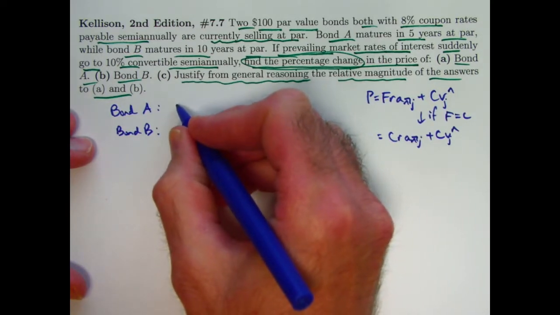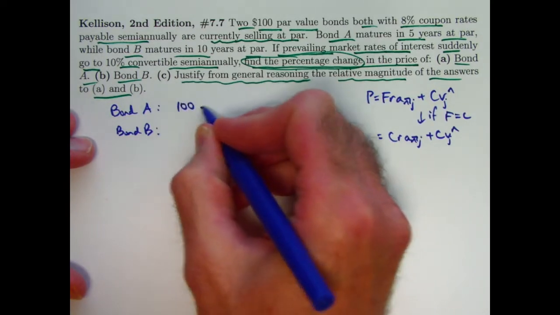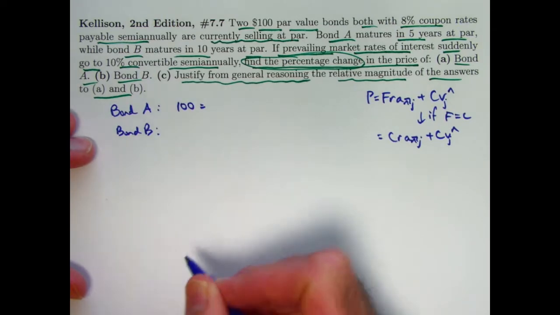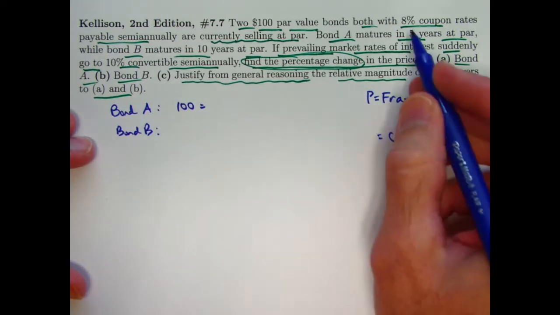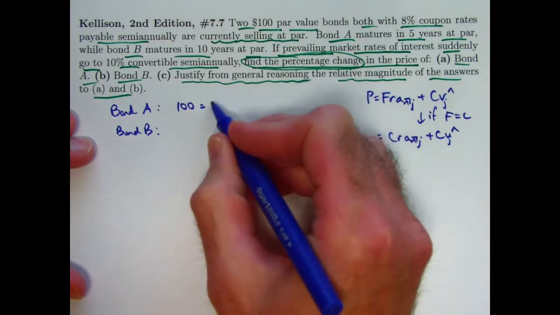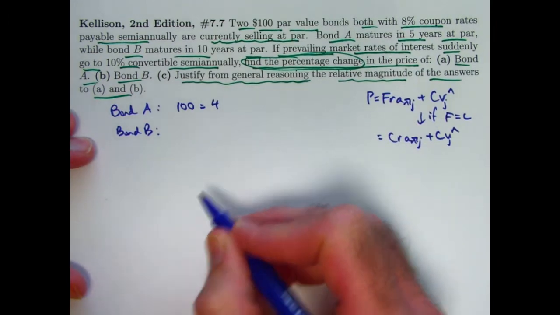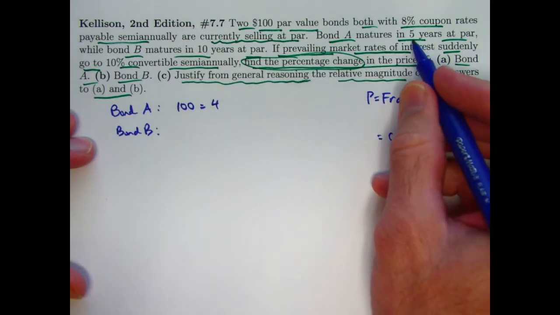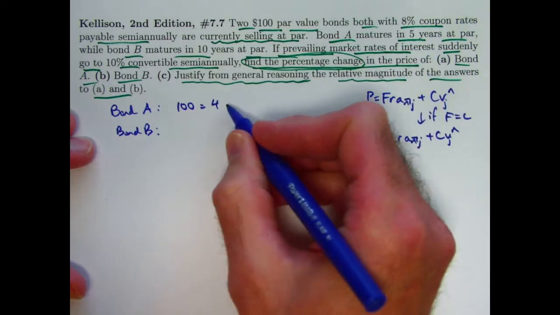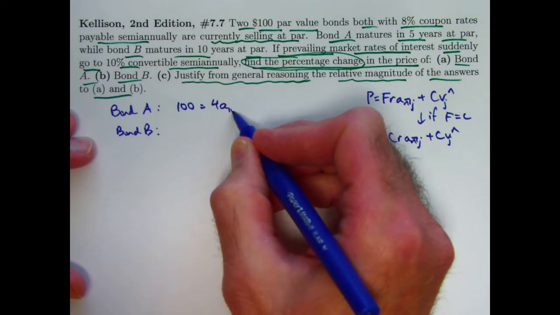Bond A's equation of value would be 100, the price, since it's priced at par, equals, what are the coupons going to be? 100 times 4% will be 4. That's F times r, same as C times r. This is maturing in 5 years, so that's 10 half years. The number of periods is 10.